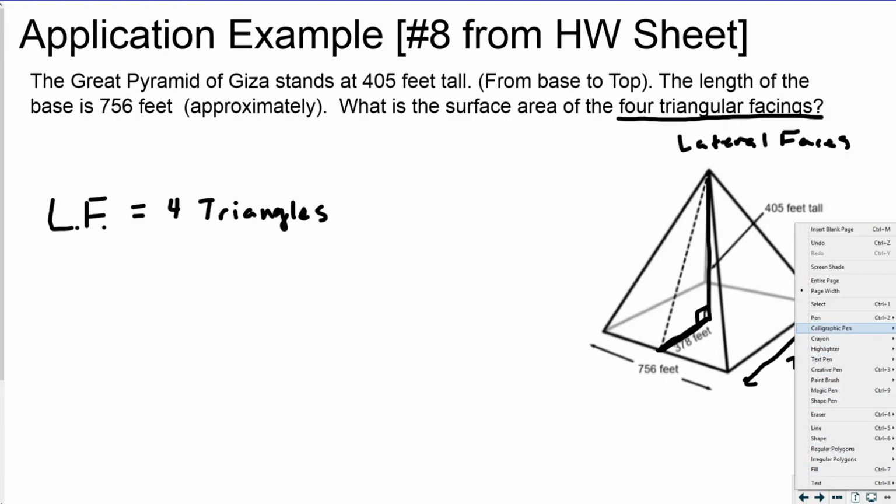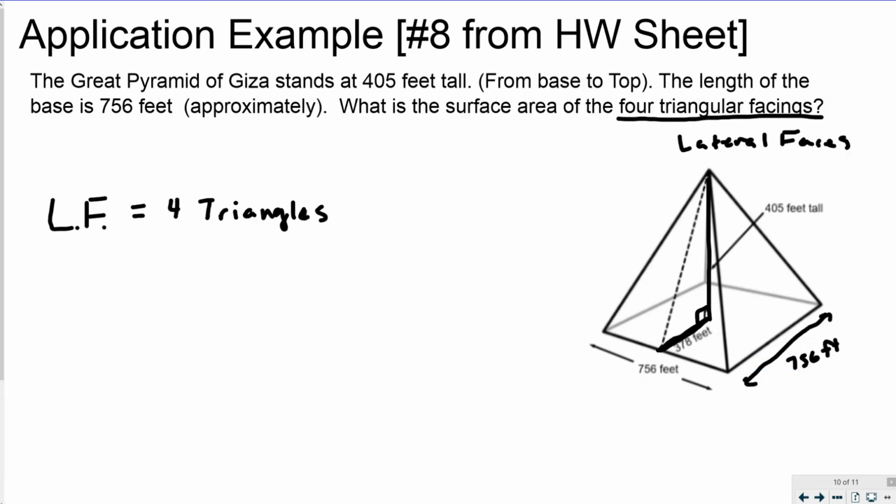And that's important because what we don't have is this measurement here in red. We are missing L, which is the lateral height of the pyramid.